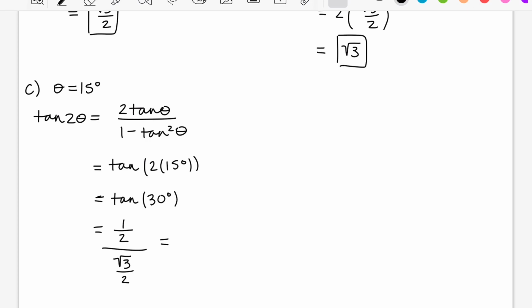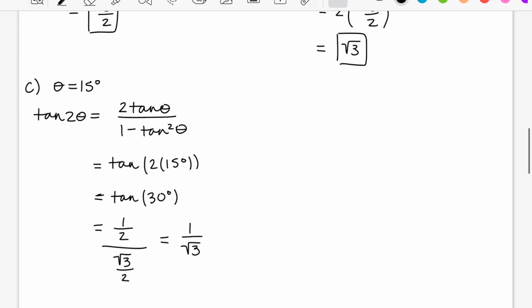We'll multiply by the reciprocal of this, so our 2's will cancel, and we'll be left with 1 over the square root of 3. It's always a good idea to rationalize these denominators. Doing so, we'll multiply by the square root of 3 to the top and bottom of this fraction, and this will give us square root of 3 over 3.